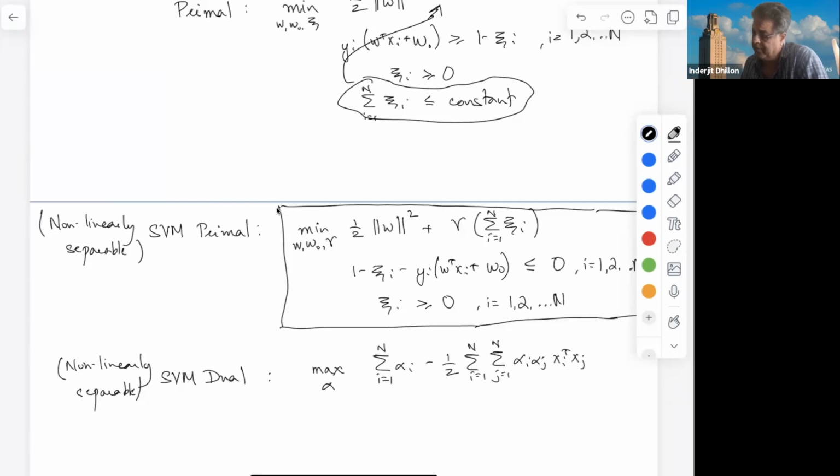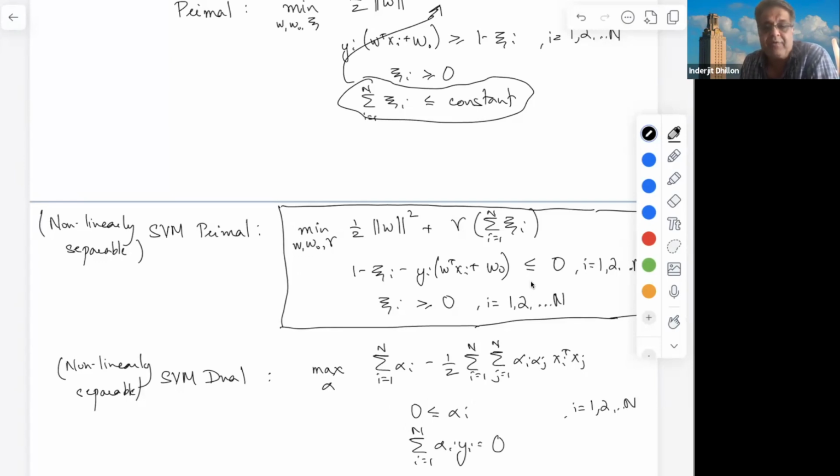No change so far, alpha i is greater than or equal to 0. Summation of alpha i yi equals 0. So far, this is the same as the linearly separable SVM.